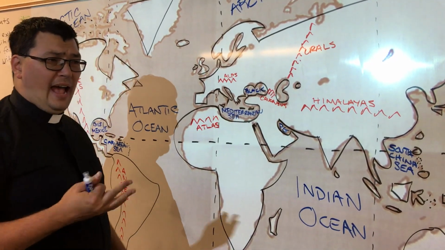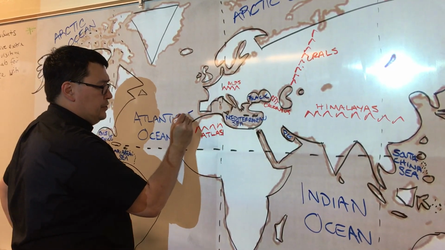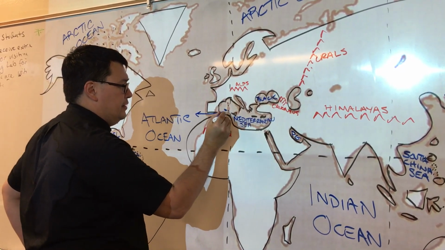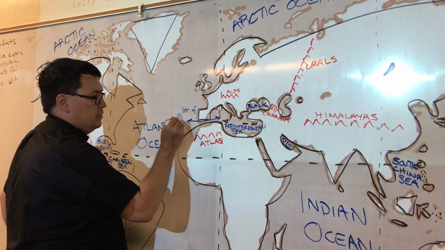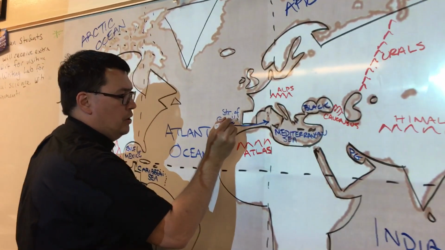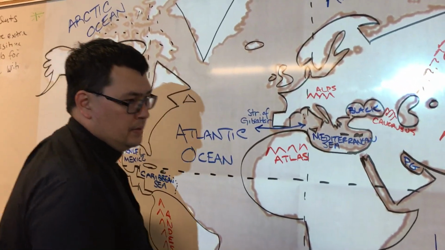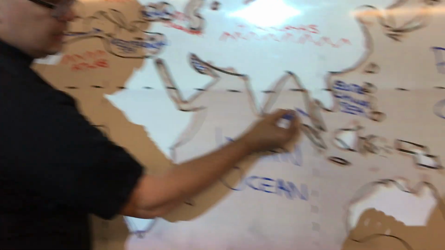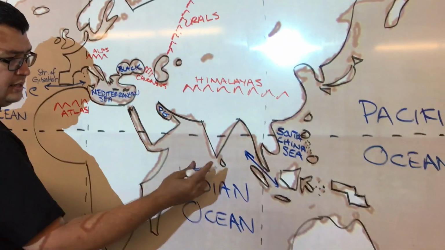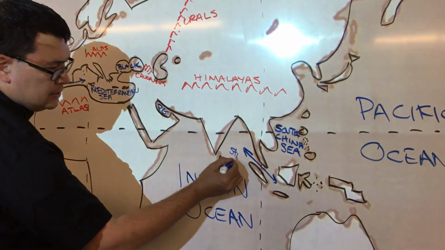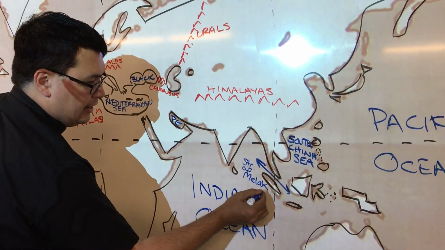Now we have some passages of water that we need to know about. There are two straits. The first is here between Spain and Africa, and these are the Straits of Gibraltar, right here between Spain and Africa. Down here in Southeast Asia, these straits that link Asia with India, these are the Straits of Malacca, M-E-L-A-K-A.